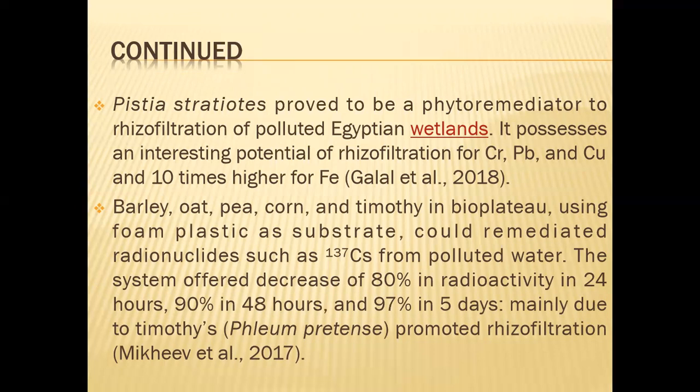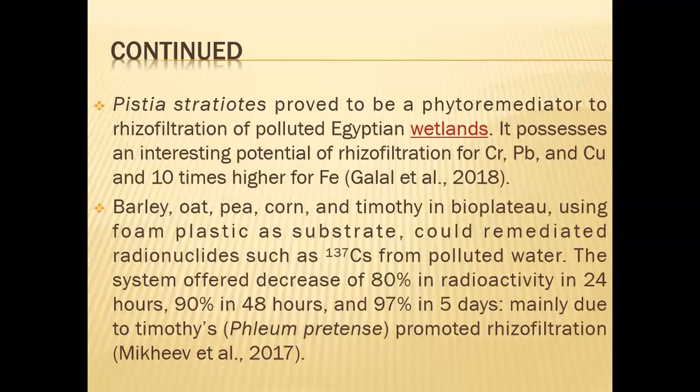Barley, oat, pea, corn, and timothy in a bioplateau using foam plastic as substrate could remediate radionuclides such as cesium-137 from polluted water.